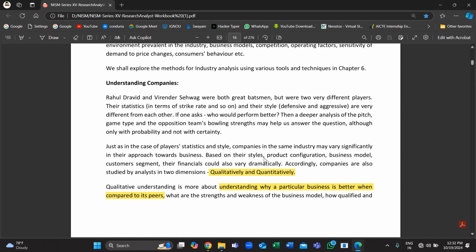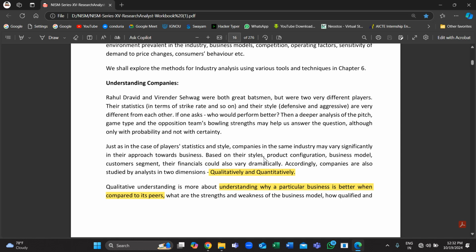Suppose there is an example: Rahul Dravid and Virender Sehwag were both great batsmen, but they were different players. In terms of strike rate and style, Dravid is defensive and Sehwag is aggressive.